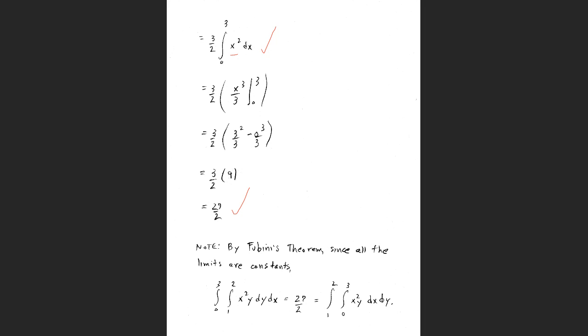And incidentally, by Fubini's theorem, since all of our limits are constants, the 0, the 1, the 3, the 2, we have constant limits. So if we were to switch the order of integration and integrate with respect to x first instead of y, we would end up getting the same answer. You could try it for yourself and see.